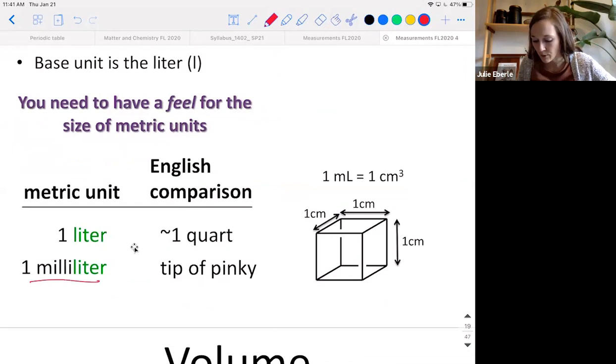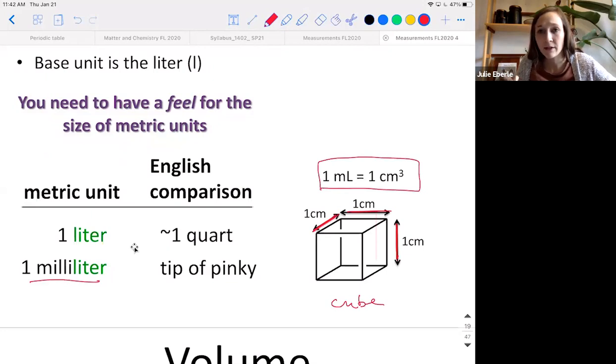For example, we have a cube right here with nice straight edges. We could measure the depth, the width, and the height of it. If we found it's a centimeter on each side, we would call this a cubic centimeter. Now the volume of a milliliter, like you saw in that graduated cylinder, is exactly equal to the volume of 1 cubic centimeter.